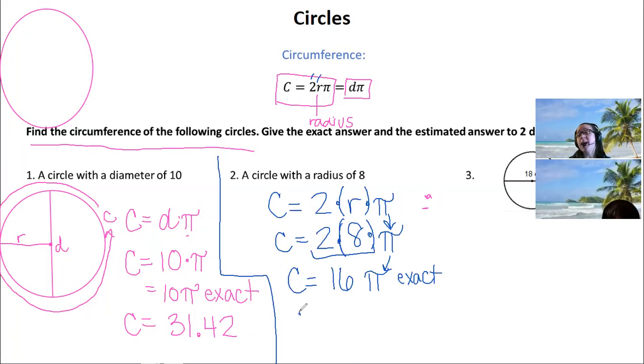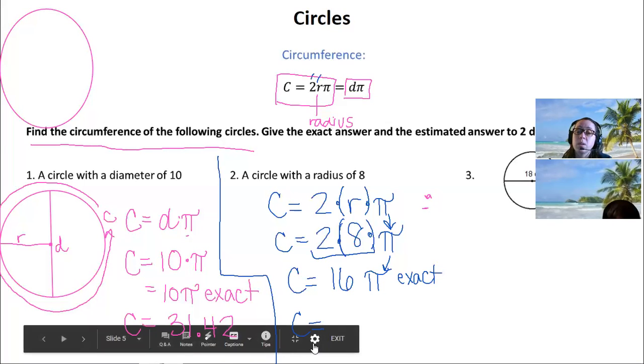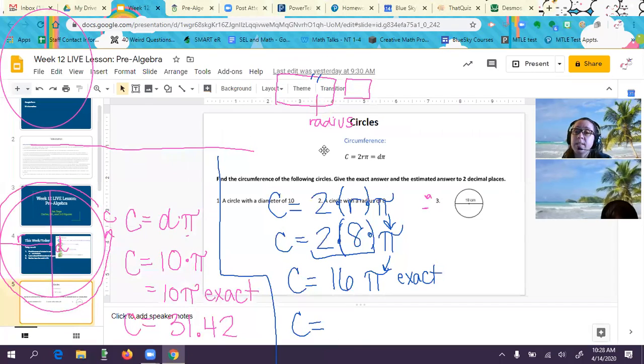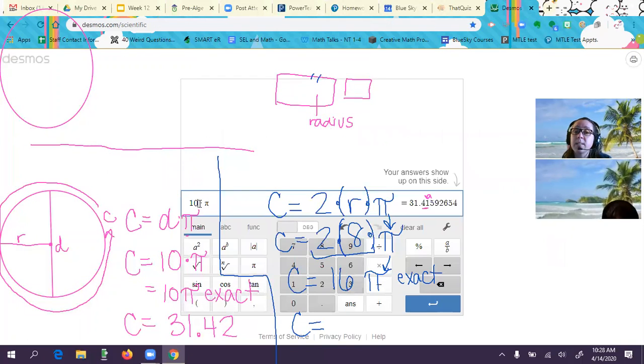And then for my estimated answer, remember, that's where we go to Desmos. And it's kind of cool because all we have to do is replace that 10 with a 16. And we get 50 point what?